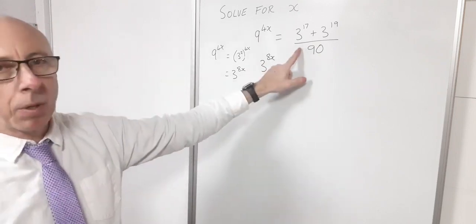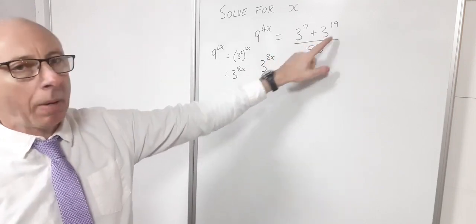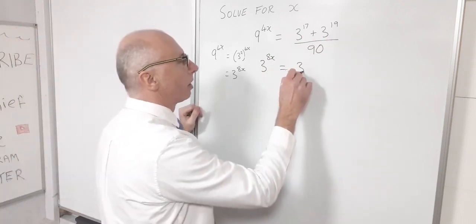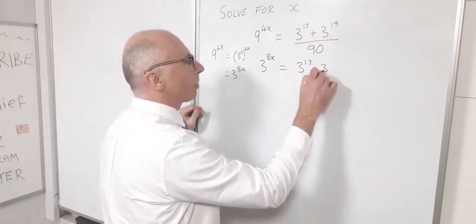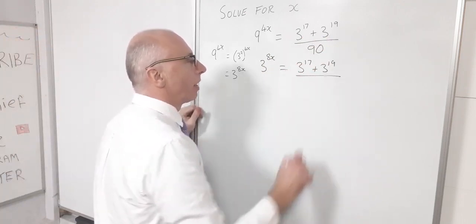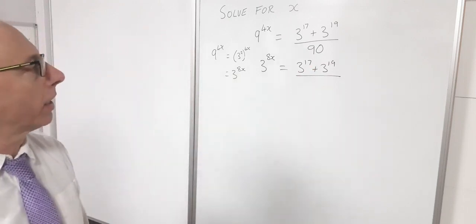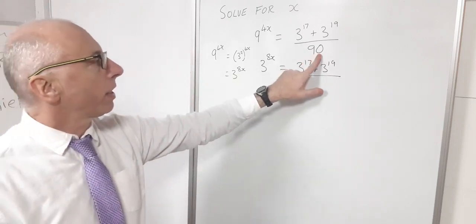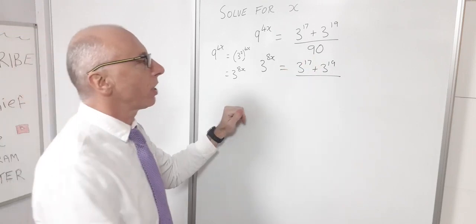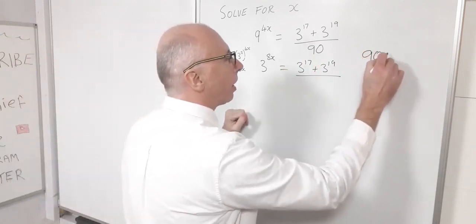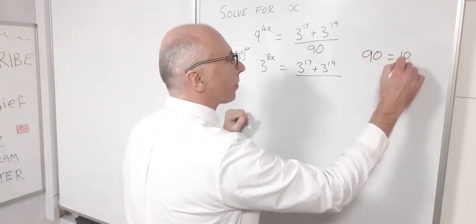Okay, now what about this side? These are to the power of 3, so I'm going to leave them for now. 3 to the 17 plus 3 to the 19. Now let's do something with this denominator, 90. Well, prime factorisation of 90. I know there's a 10 in there.